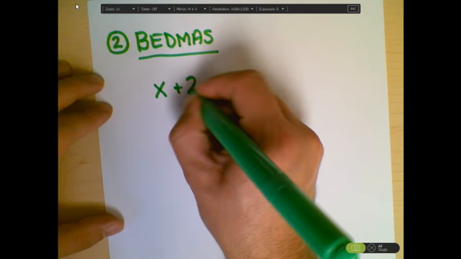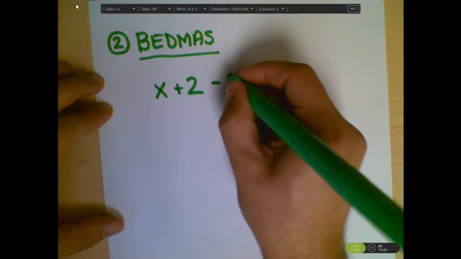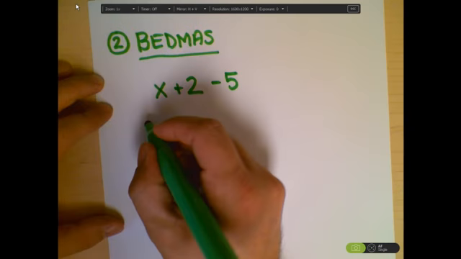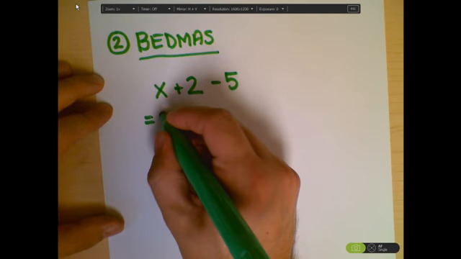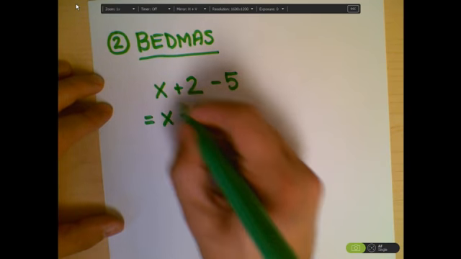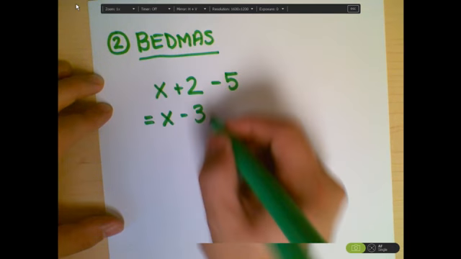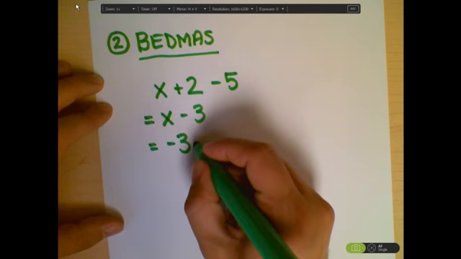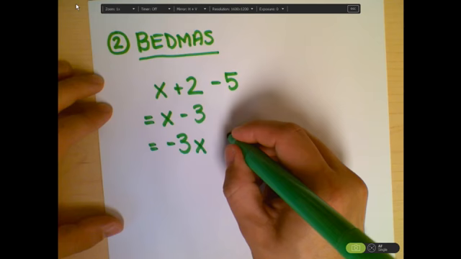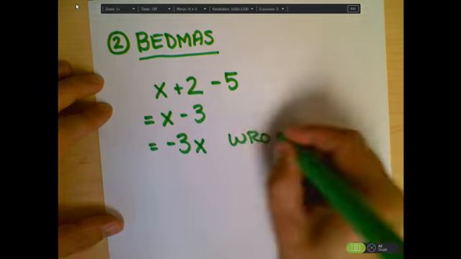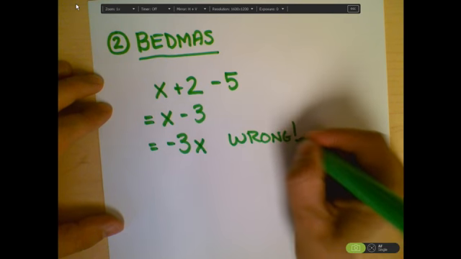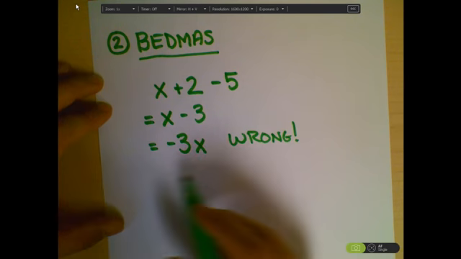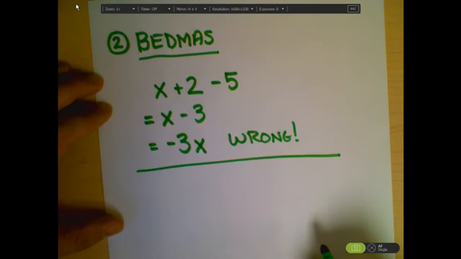As well, people often make the mistake of following BEDMAS properly, but then forgetting that you have to group like terms. If you can avoid these two mistakes, you'll do fine on the test.